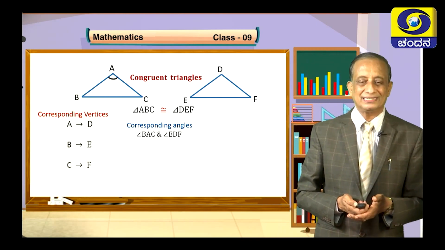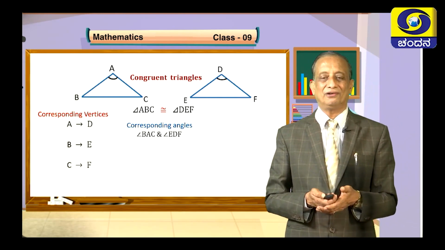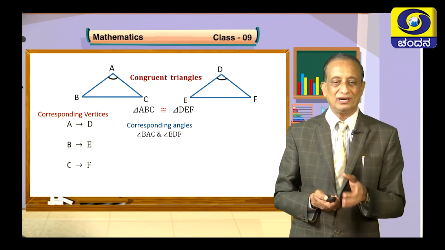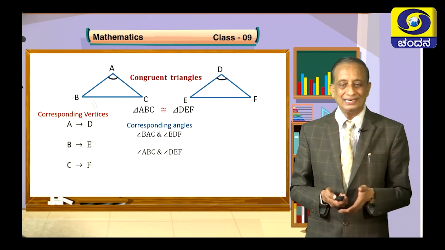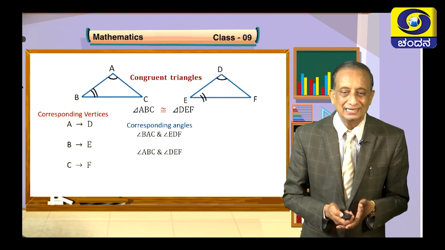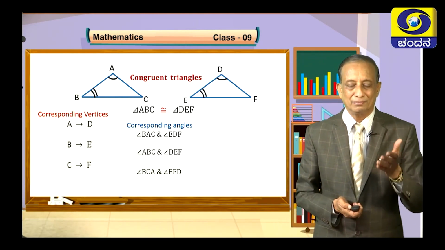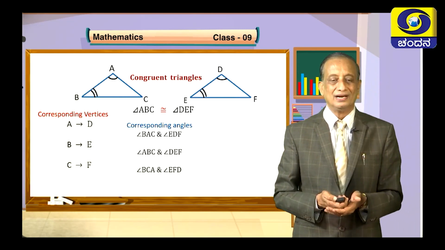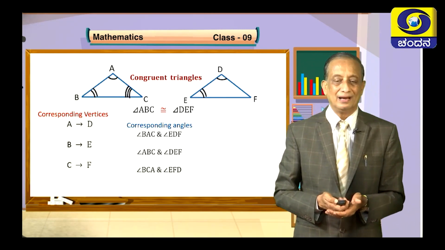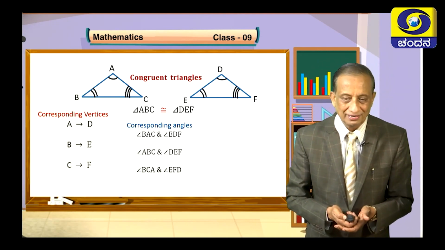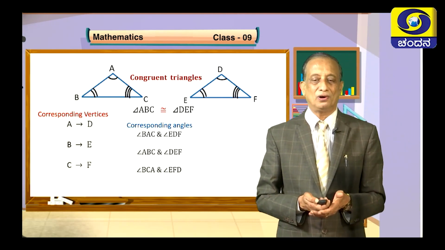Angle BAC and angle EDF are called corresponding angles. They are marked with 1 arc. Angle ABC and angle DEF are corresponding angles, so they are marked with 2 similar arcs. And finally, angle BCA and angle DFE are again corresponding angles.